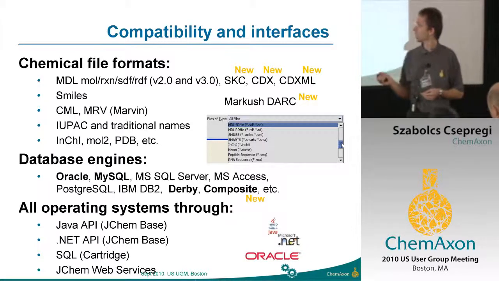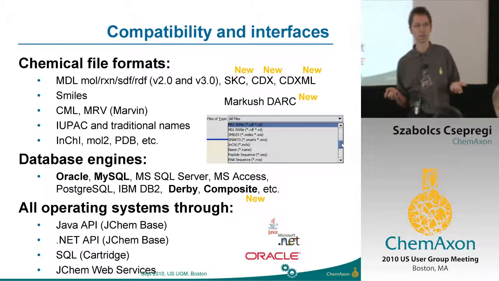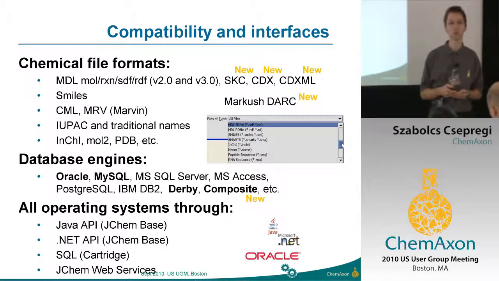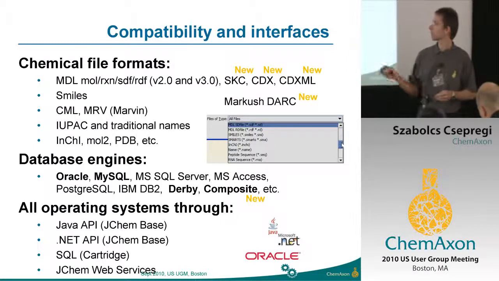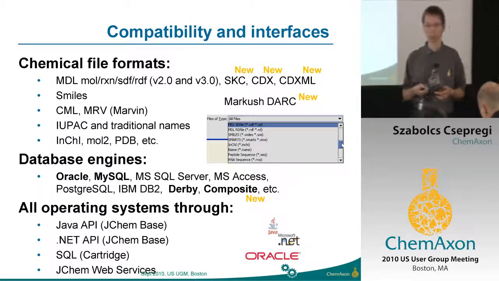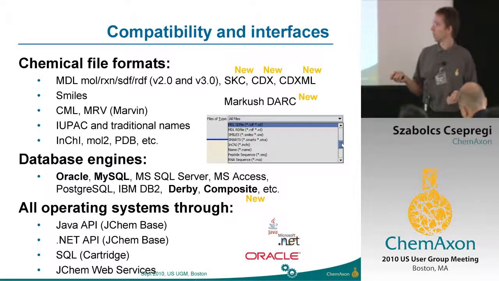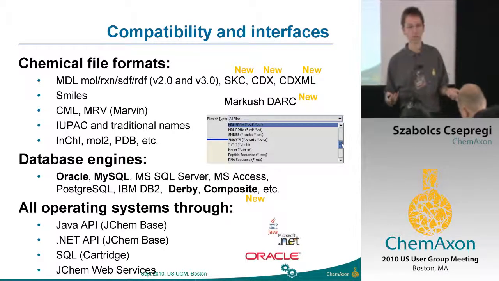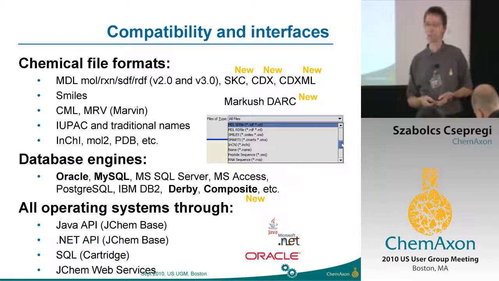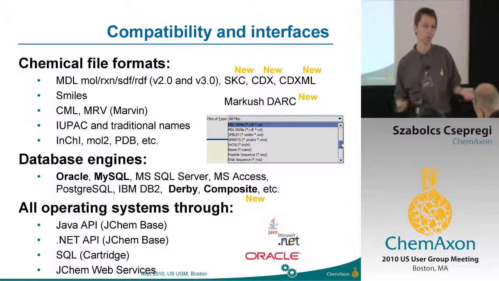And because the search engine was originally written in Java, it is quite platform independent. So the Java API allows us to run on many different platforms. And during the years, we have also added other interfaces as well. For example, the cartridge itself provides a quite universal SQL interface.